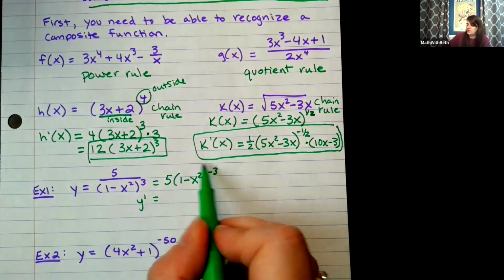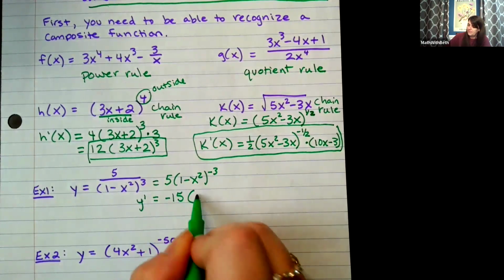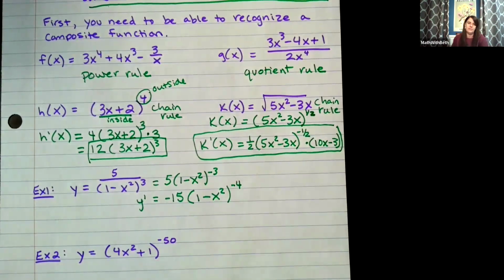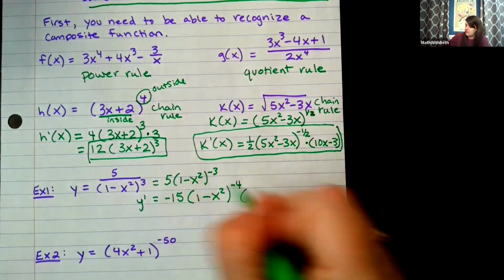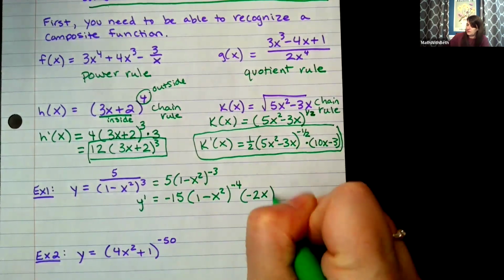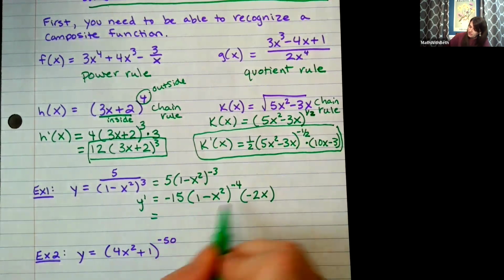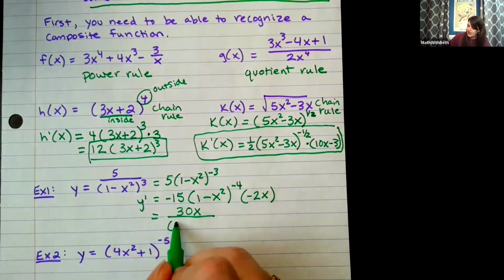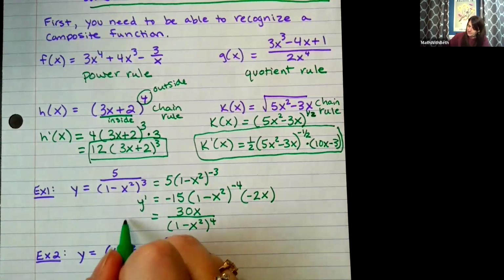Outside function means bring this -3 up front and then subtract 1 from it. Inside function is 0 minus 2x. I could combine those two to get 30x. And I could now maybe put this back on the bottom if I want to be fancy.